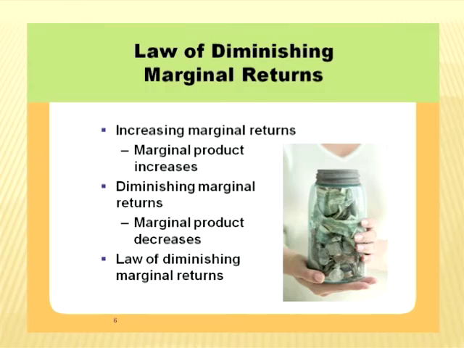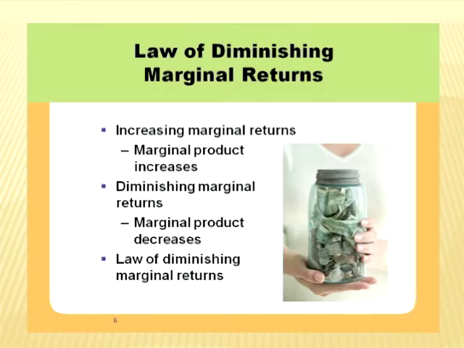What we discover is that as we increase the level of variable input, at least initially we get increasing marginal returns. That is, the total product increases initially, but eventually the total product will decrease. The marginal product, or the additional product, will ultimately decrease.